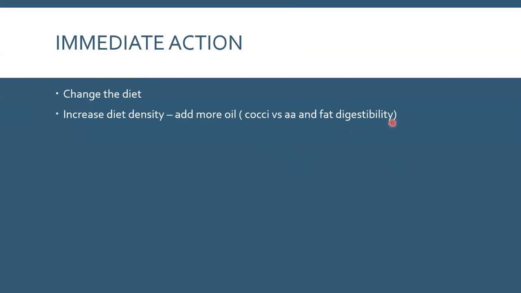And remember that when we use high levels of oil, and when there's an ongoing challenge of coccidiosis, it's a great risk for fat digestibility. And then sometimes we change the ingredients because we think that the ingredient we're using now is not helping, or the other ingredient would be better. So we can check on that.